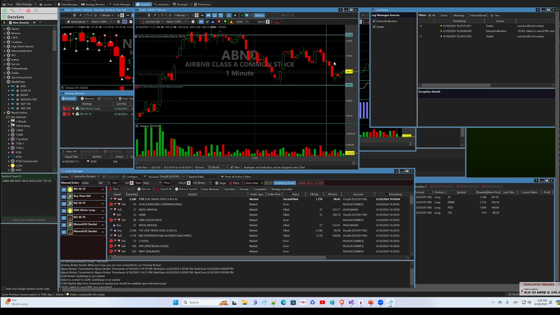I actually got it right when it was closing, and I moved it back up there. So it filled, and you can see that the line was activated, it filled, and it deactivated by itself. So they're one trade lines, right? They're not going to trade again.